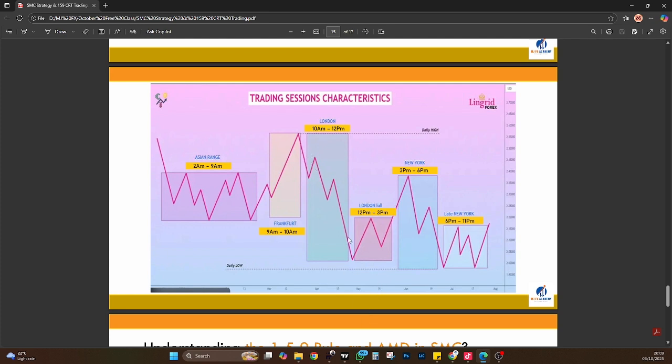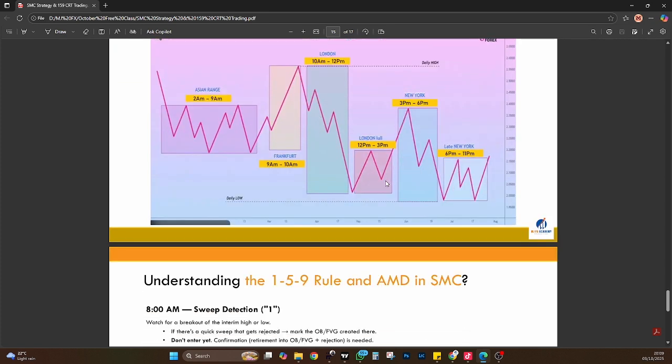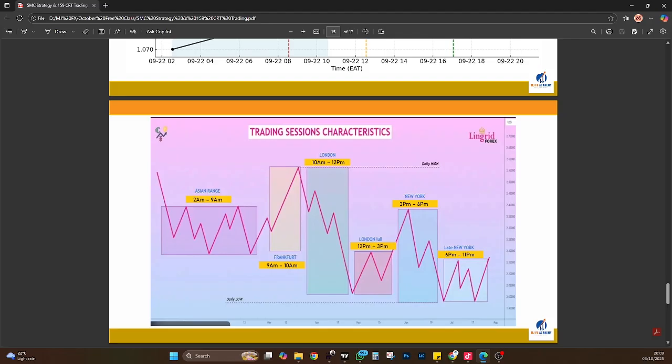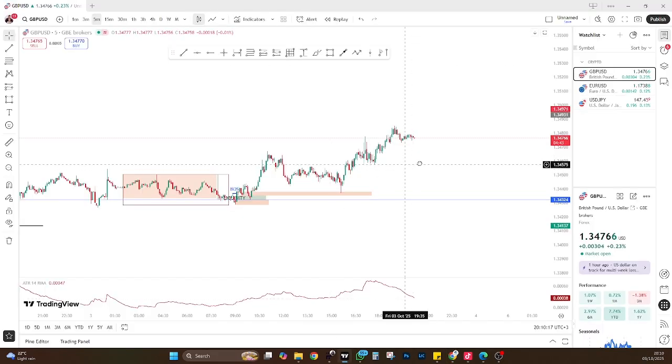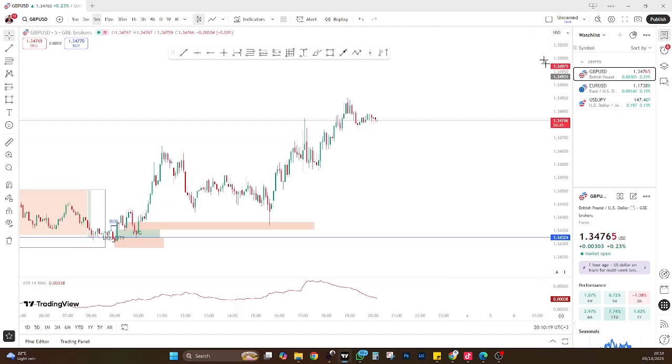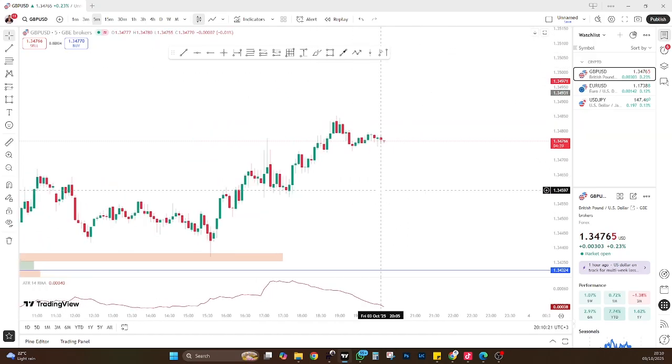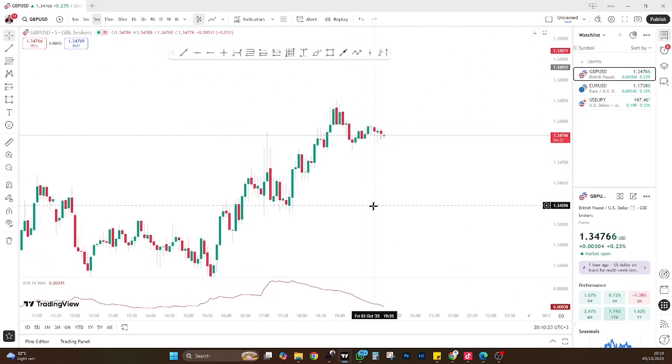Now you use the ATR. Let me go back to TradingView. You use the ATR to do this. For example, let's say I have seen another block here.